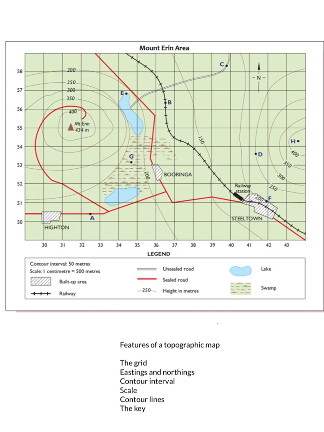With a topographic map, there are a few features that we can have a look at. The first is the actual grid. When we look at a topographic map, the grid is always going to be exactly the same. So that's the first thing we can always rely on. The next thing is the eastings and northings.